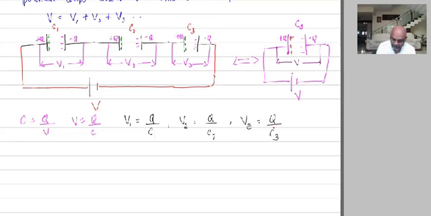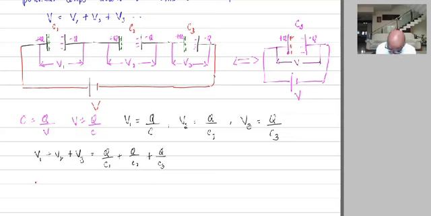Now come to the second condition. The second condition says that V is equal to V1 plus V2 plus V3. Now we will take this V1 plus V2 plus V3. What is V1? It is Q divided by C1 plus Q divided by C2 plus Q divided by C3.